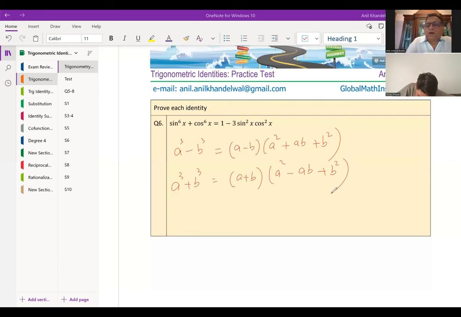Just as we have the difference of squares formula, a square minus b square is a plus b times a minus b, similarly we have the sum of cubes and difference of cubes formulas as given here.